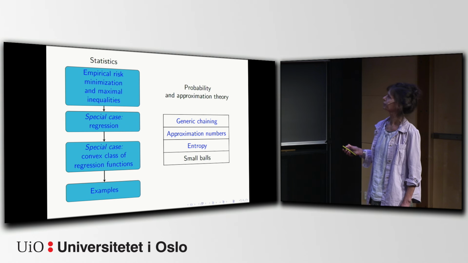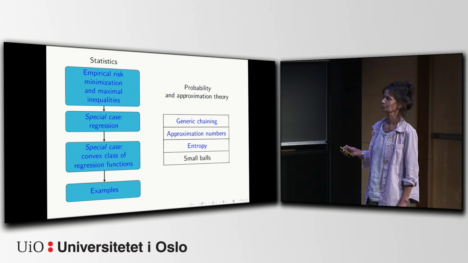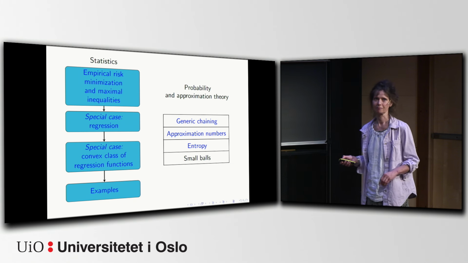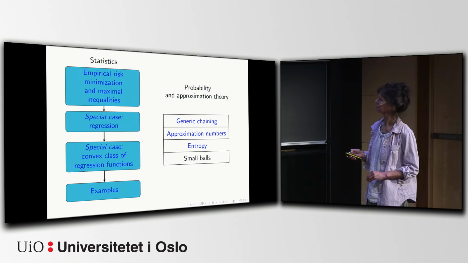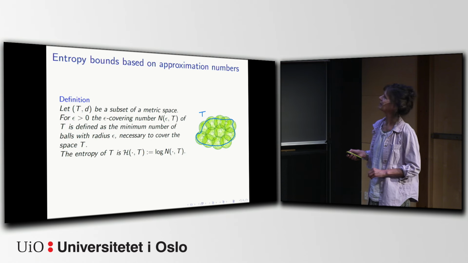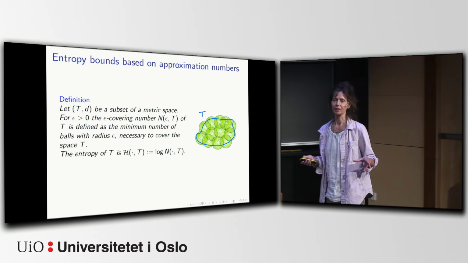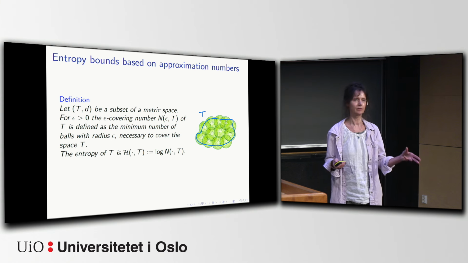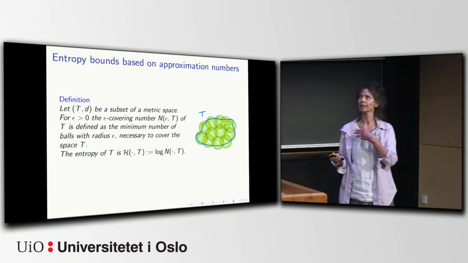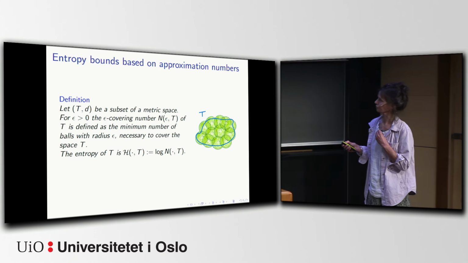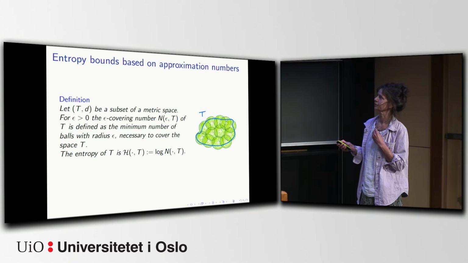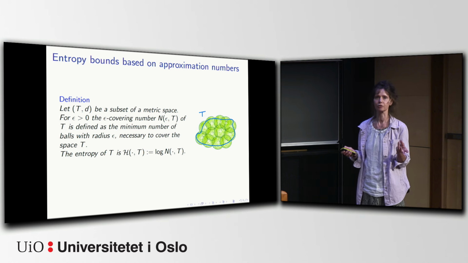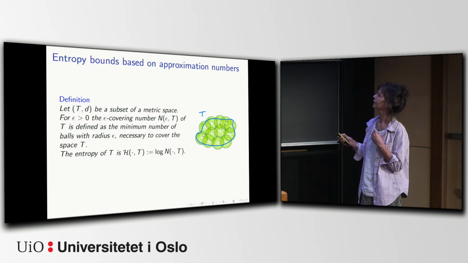So let's just quickly now go to entropy and small balls. This is the part I'm trying to be more incomprehensible, even more. So, like Michel said, we have a metric space. It was called T in his talk and in mine also. You have a metric space with a metric on it or a distance. Then we can describe the richness of the space by the entropy.